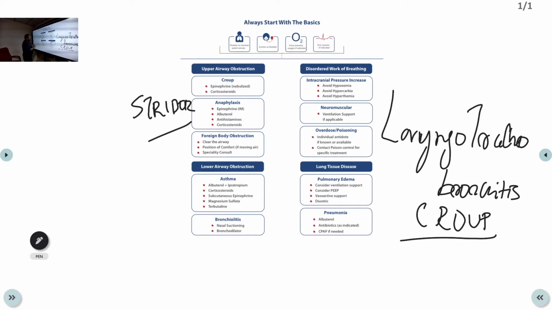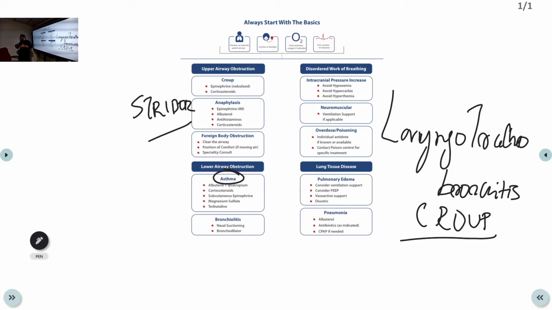Now when you come to lower respiratory, the most common one is asthma, and there is another entity called bronchiolitis. It is again for a smaller child. Asthma can happen at any age group, but bronchiolitis affects a smaller age group, somewhere around 6 months to 1.5 years. In bronchiolitis, they will come with a lot of secretions.